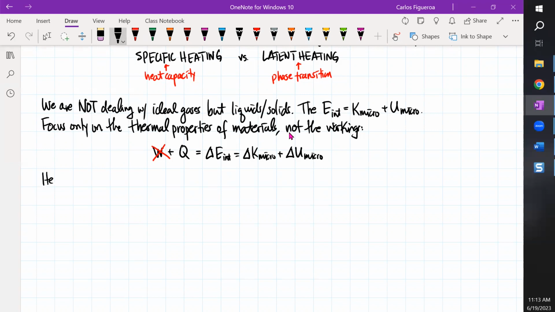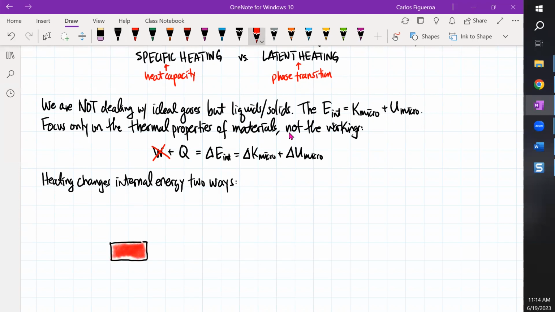So heating changes internal energy two ways. If I start off right here, here is the heat that's going to go into my system. So here's a flow chart. From this heat, the thing that I'm going to change is internal energy.